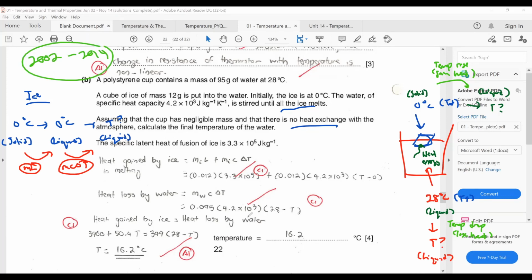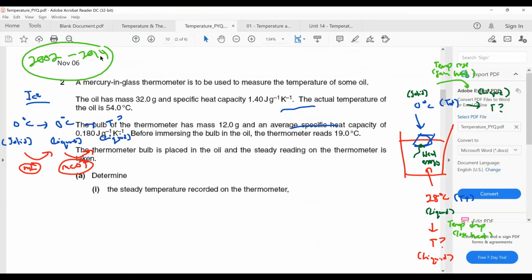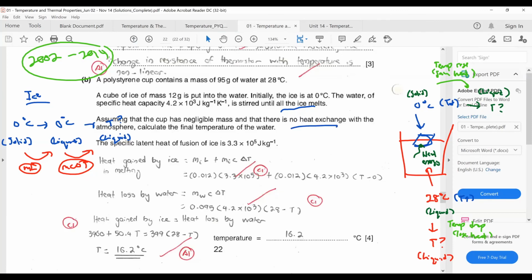So temperature doesn't really come out that often, despite the fact that yes, there's a lot of things inside there. If you read your textbook for the temperature chapter, the questions that do come out in your actual papers are actually not a lot. From 2002 to 2014, you see there's only like 3 or 4 questions here, right? So it's actually not a lot.